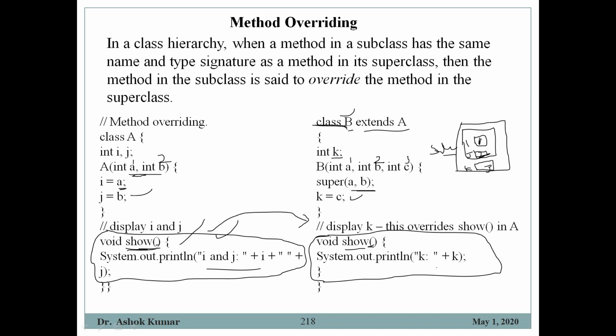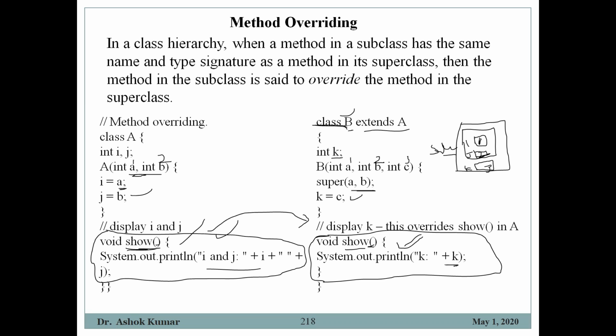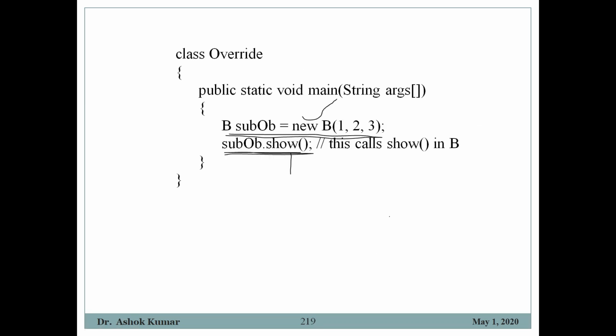So whenever you call show with the subclass object, this show will be called. Because we are calling the show method with the subclass object, it will call the subclass show, and you will get the value of k only, that is 3. So this will be the output of this program.